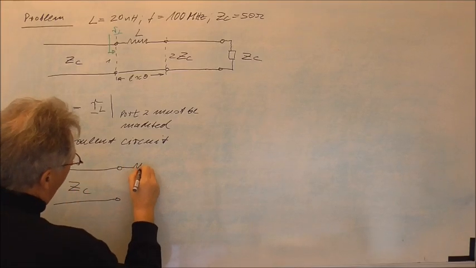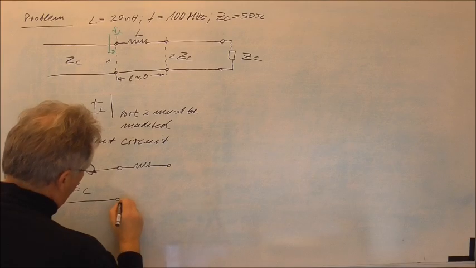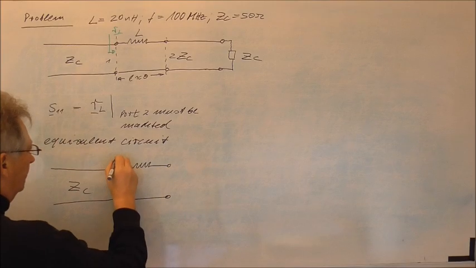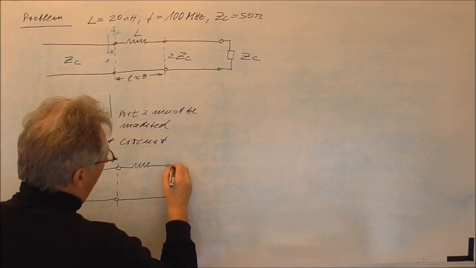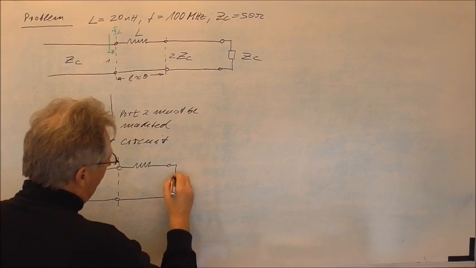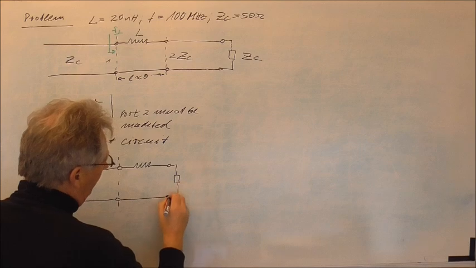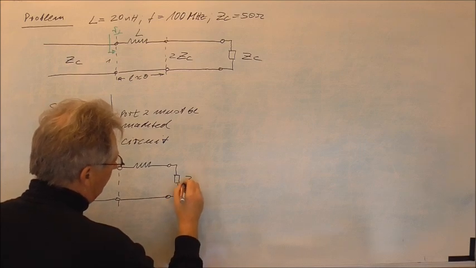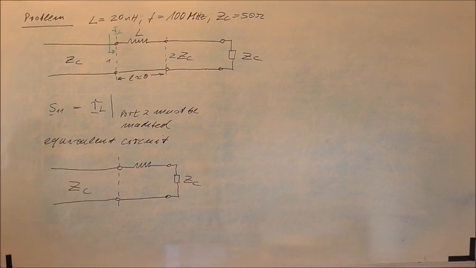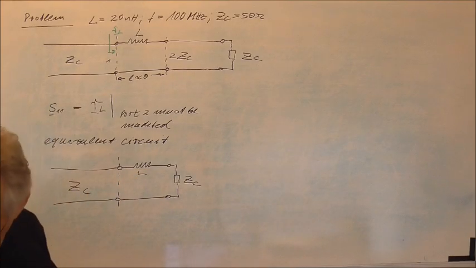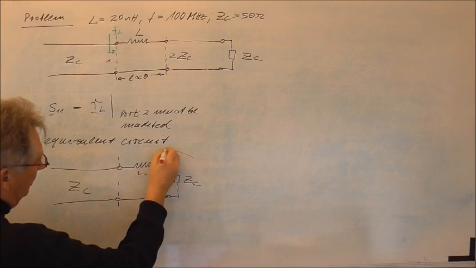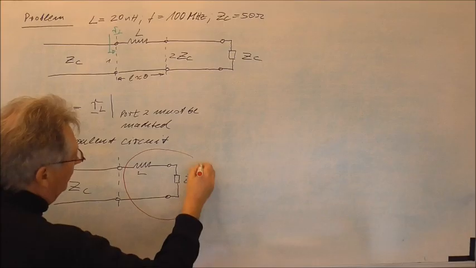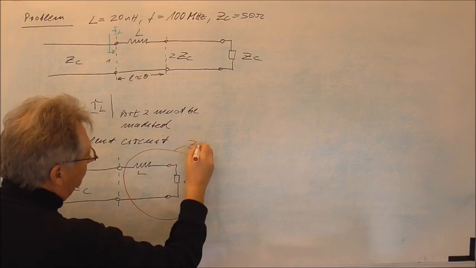Then we have here the series inductance as a lumped element also. And then here we have a load impedance which is equal to ZC. So the overall load impedance with which port 1, here you have port 1, is in principle ZL.